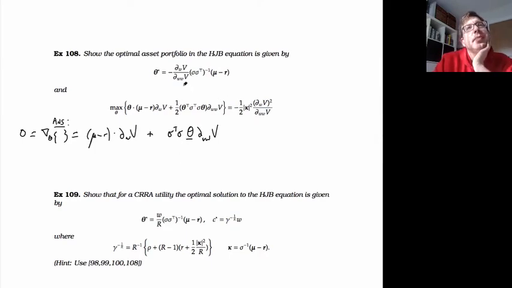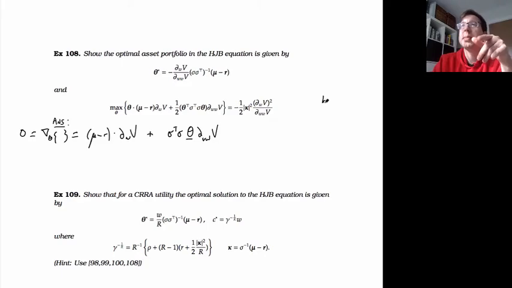Now again, if I substitute this back into this expression here, you can notice that I'll get minus 1 lots of kappa squared times this term, and then a half of that same term. So overall I end up with minus a half kappa squared, and then the partial derivative of w v squared divided by the second partial derivative of v.